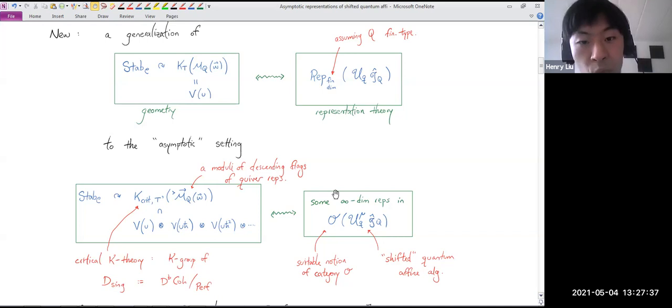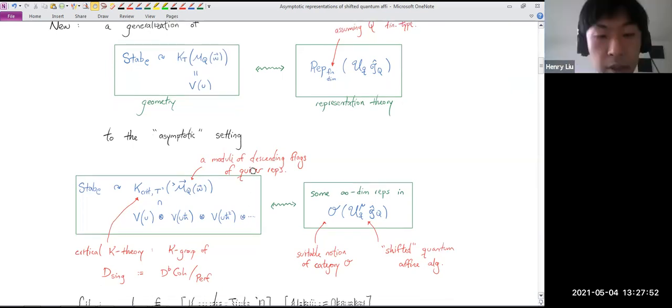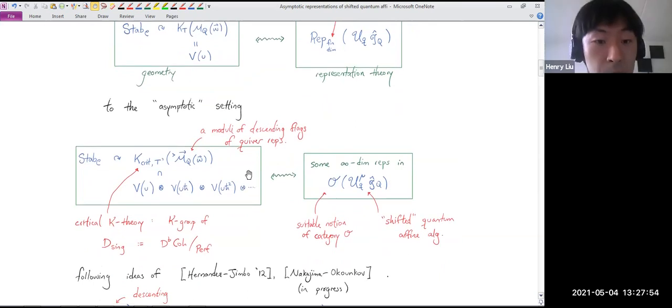We can say, maybe we can use the geometric representation theory of these shifted quantum affine algebras to study these moduli of flags of quiver representations. And that for us will be one of the main goals of, if not today, certainly by the end of the second talk. And I'll say more about that in a second.